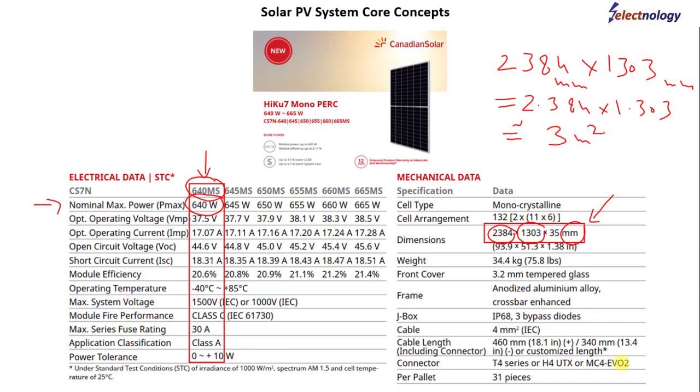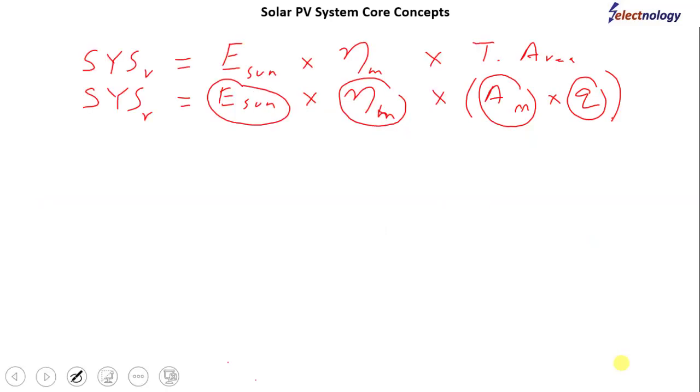Let's use this data in our formula. Now suppose we want to know how many PV modules we need if we want to install a system of 25,000 watts. Okay, so what we are looking for, we want a rated power of the system of 25,000, and E sun is the 1000 watt per meter square, the standard test conditions or the standard value of the sun energy, into efficiency.